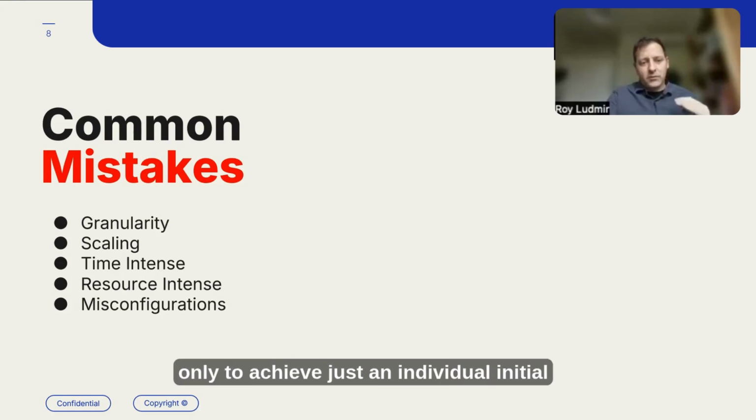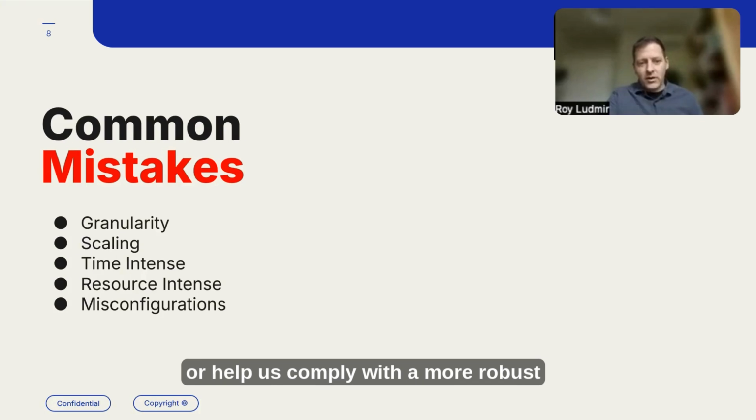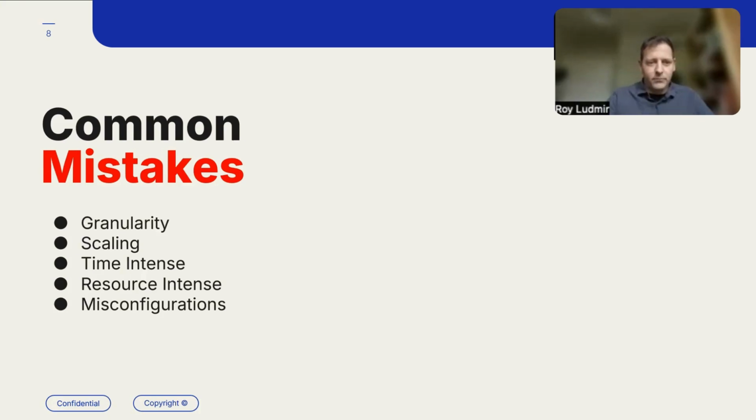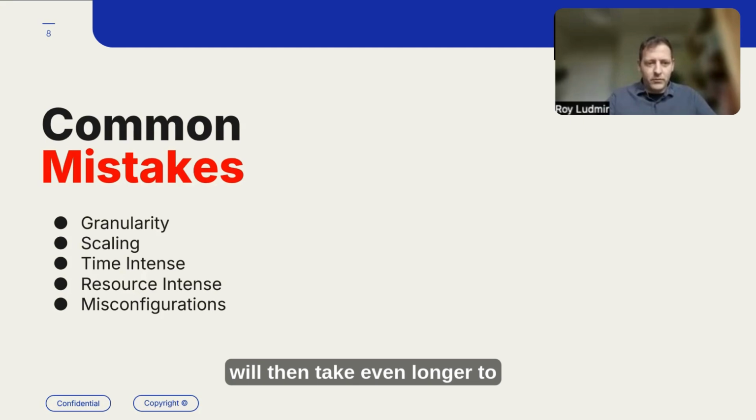And this is only to achieve just an initial baseline. So we want to go beyond this initial baseline into something that will make us comply or help us comply with a more robust benchmark or policy like CIS benchmarks that will then take even longer to implement.